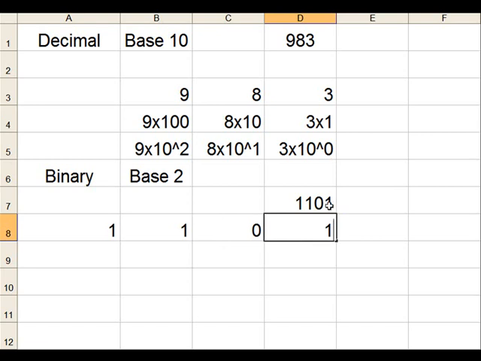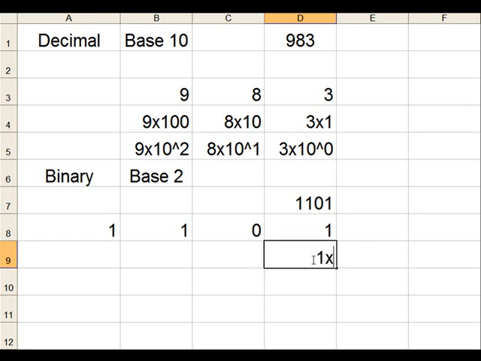Well, what does this 1 represent? In base 10, the 3 represented 3 times 1, or 3 times 10 to the power of 0. And we have something identical in the base 2 number system, except that the base is 2 instead of 10.